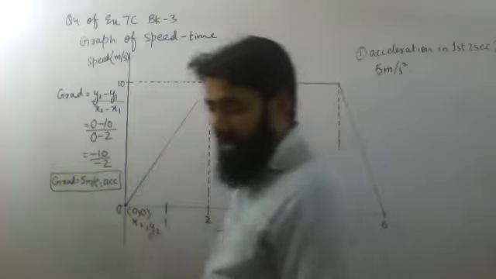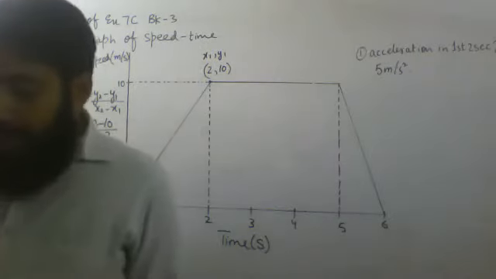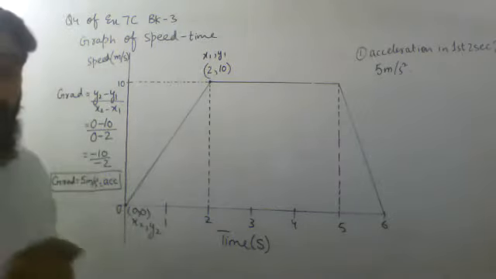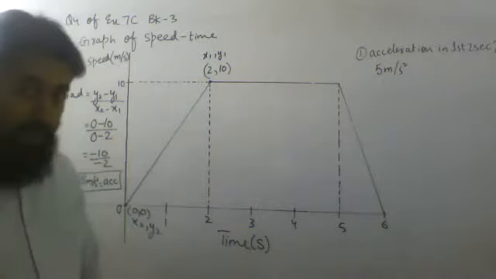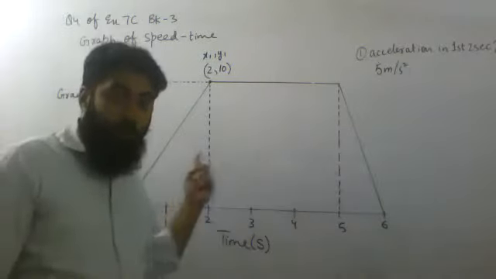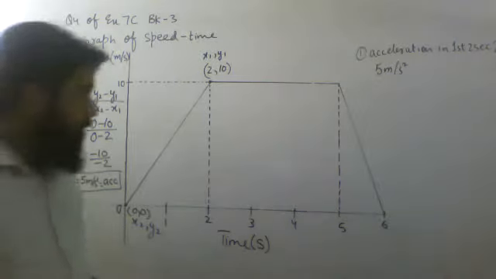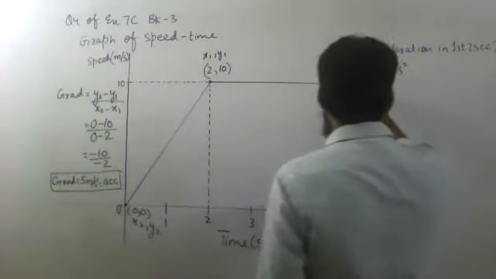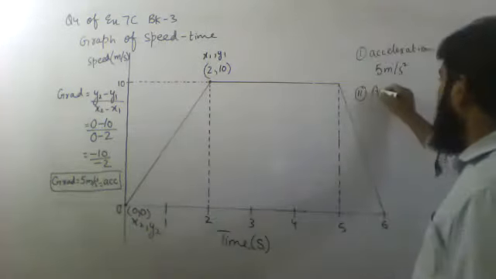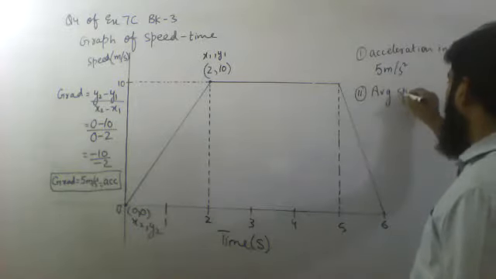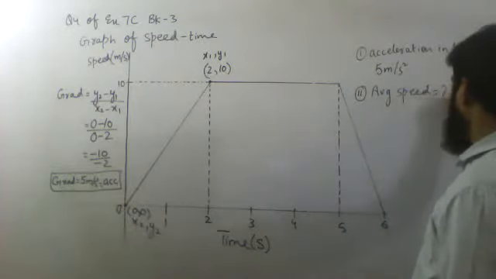So they are saying find the average speed during the whole journey. In this whole journey, how much was the average speed?